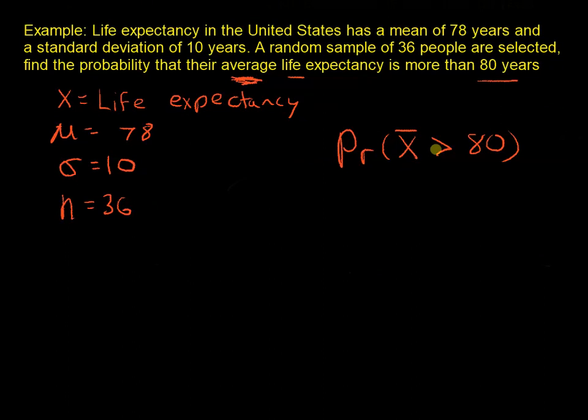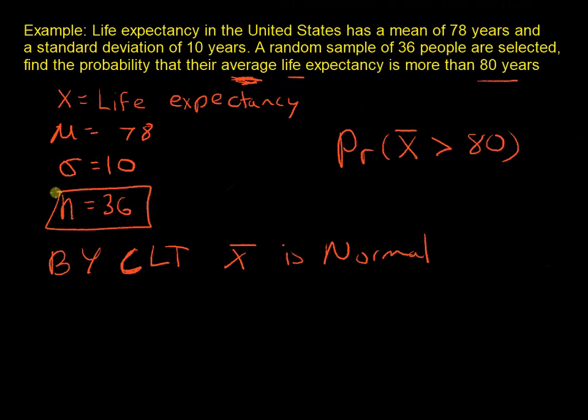So, is it reasonable that x bar is normally distributed? Well, by the central limit theorem, x bar is normal. Why? Because the sample size is greater than 30.